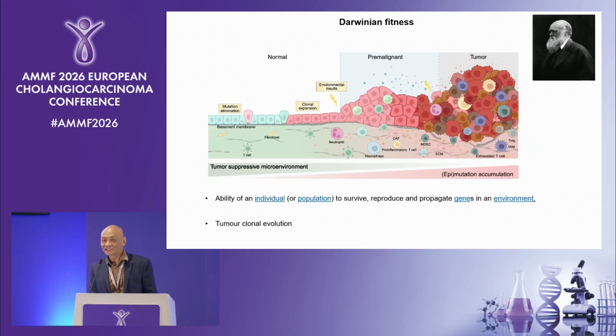Over time, Darwinian selection by environmental remodeling favors the fit clones to divide and drive tumor progression.